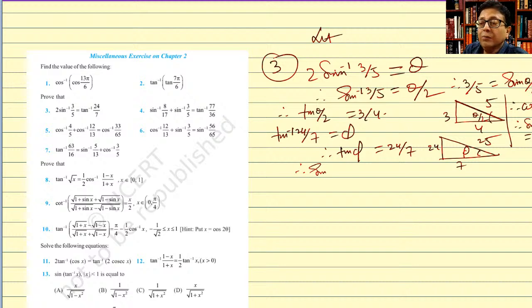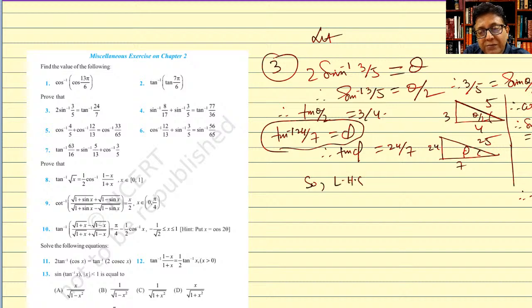So what have you got? Sin theta is 24 by 25. Tan theta is what? 24 by 7. So tan phi and tan theta are the same. Therefore, we need not proceed; LHS equals RHS. Alright?